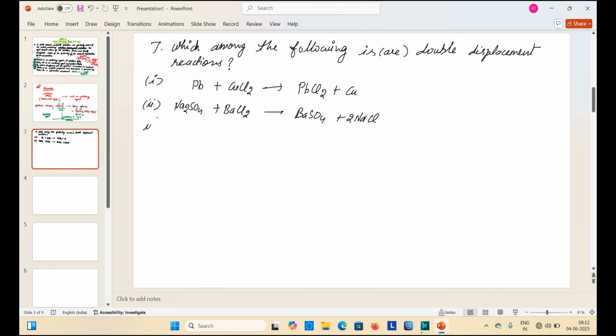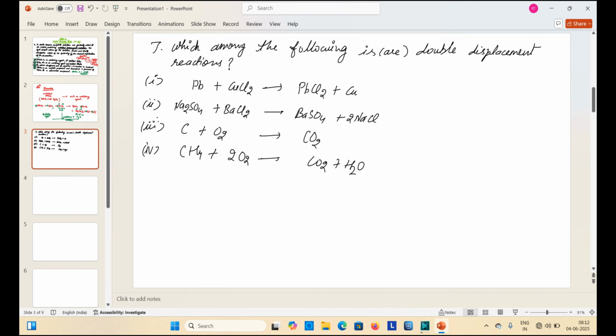And the third reaction is C plus O2 is giving you CO2. C will be capital. CO2. Fourth, CH4 in the presence of oxygen is giving you CO2 plus H2.